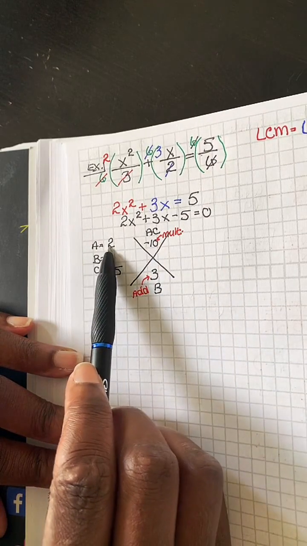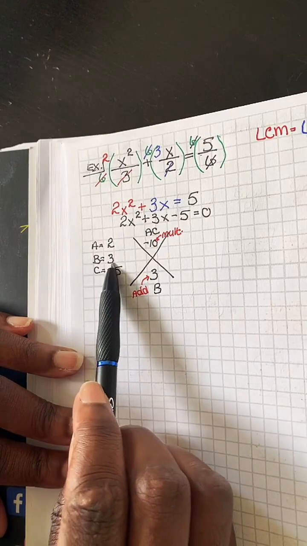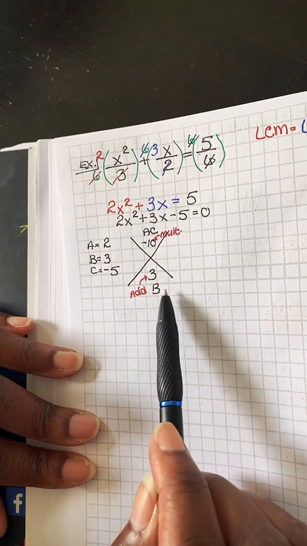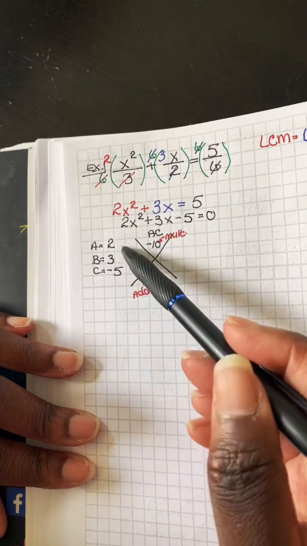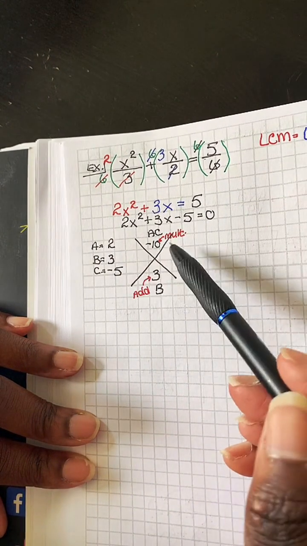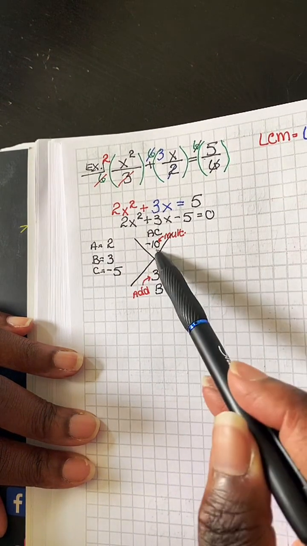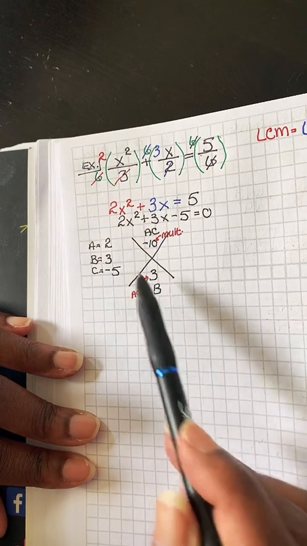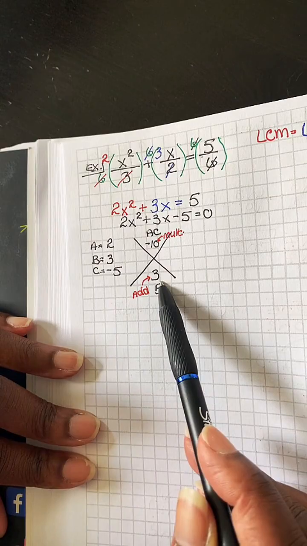So that's why the A is 2, the B is 3, and the C is negative 5. The reason this is called the AC method is because you're multiplying your A and your C. 2 times negative 5, that's where the negative 10 came from. And you rewrite your B. That's where the 3 comes from.